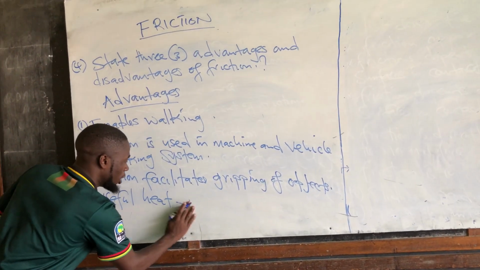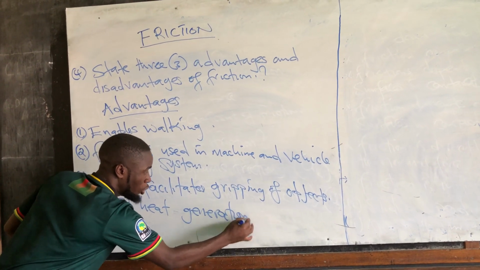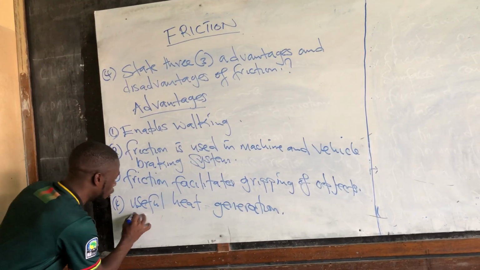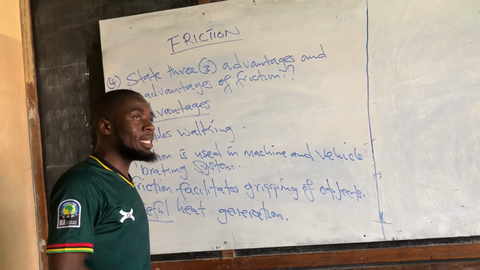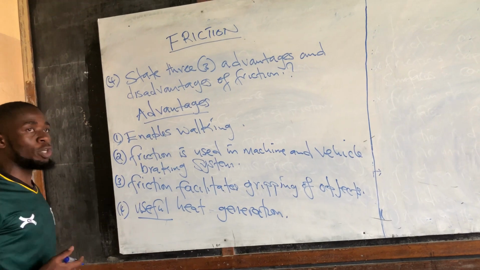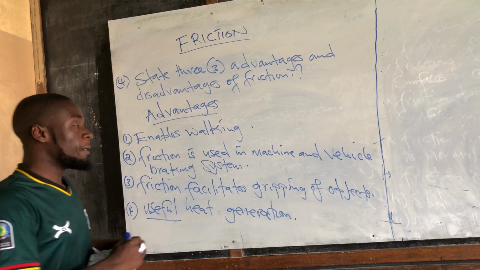We generate heat because of friction. I've added the words use of here because I'm talking about the needed heat. When it goes beyond what we need, it becomes what? Excess heat. But here we're talking about the use of heat. Okay?